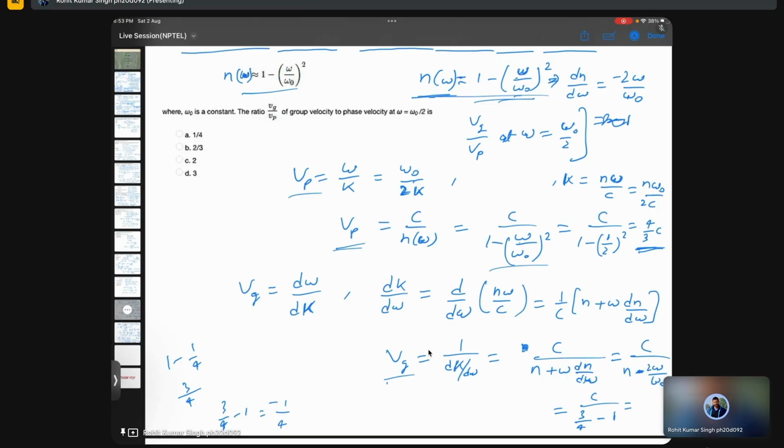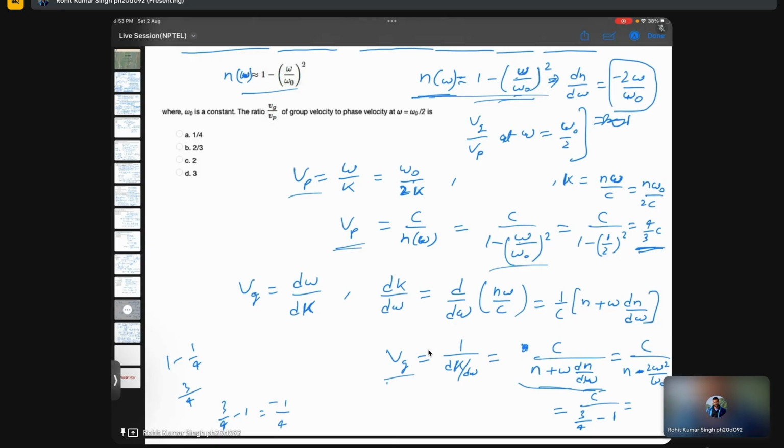Okay, wait. So this we have to evaluate carefully. This is 2 omega square will be there, right? Because 1 omega is from here, dn by d omega, and 1 omega is there, so this will be 2 omega square.